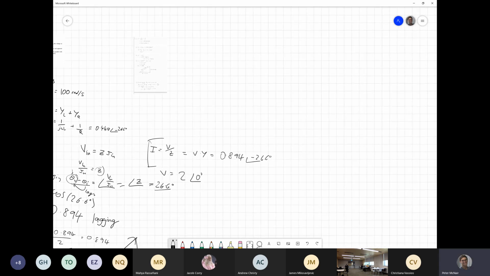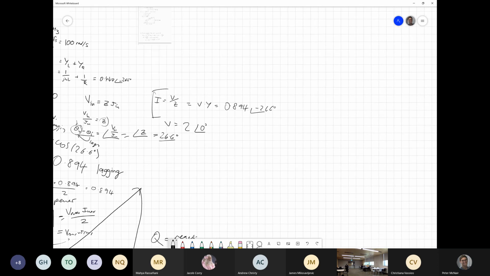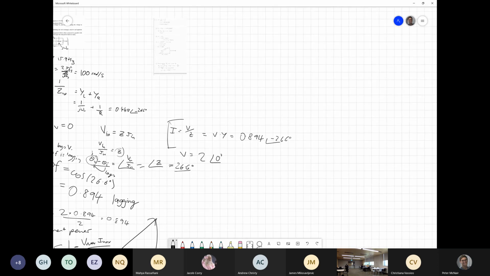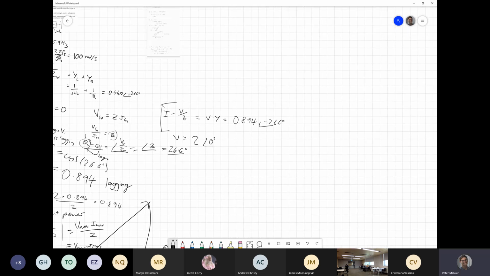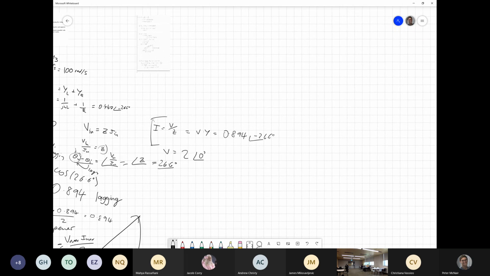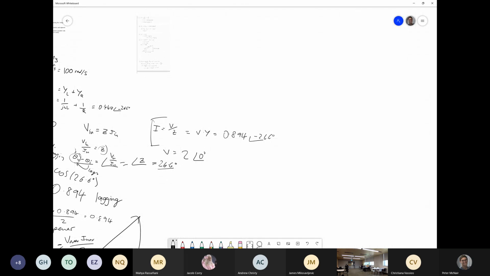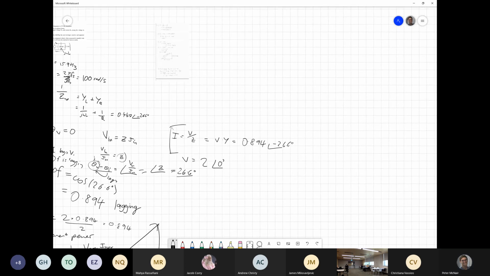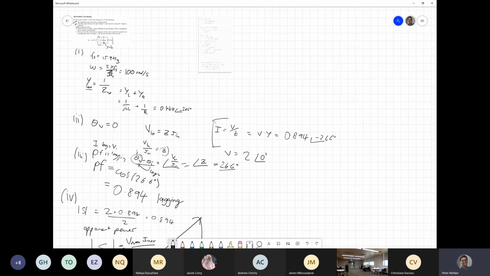What have I missed? 2 angle 0. Two times. Apologies. Just trying to make sense of this power factor.